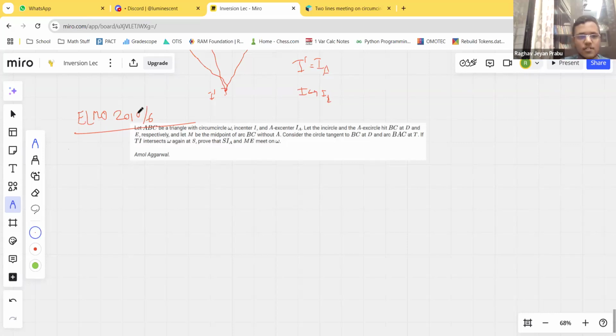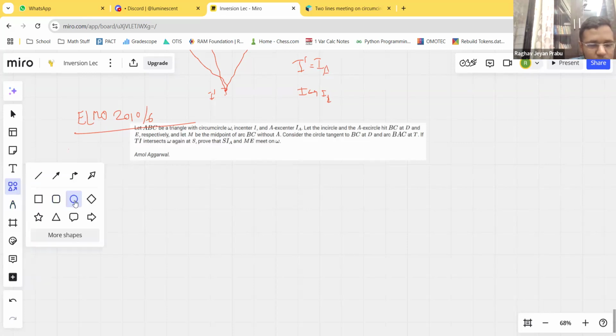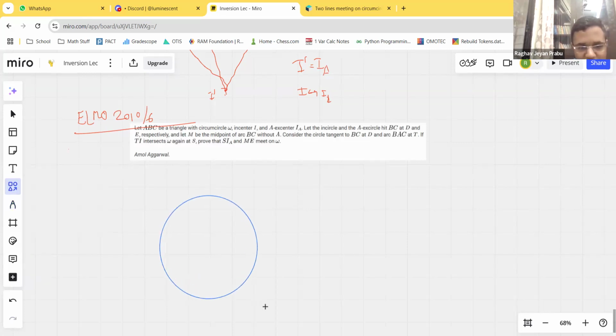Okay, so let's draw the diagram. Question is slightly bigger.